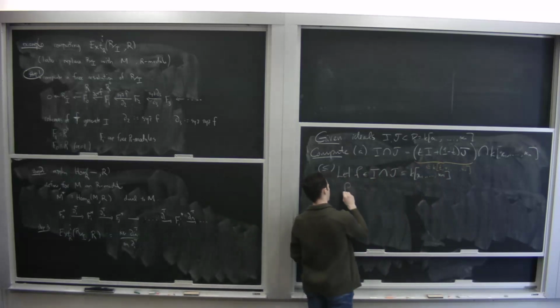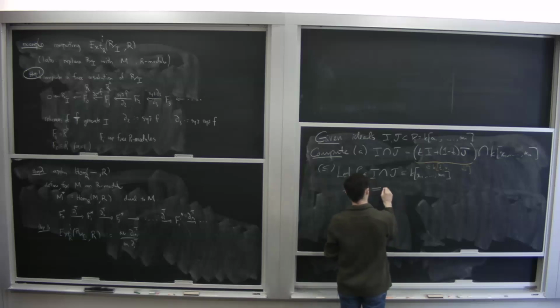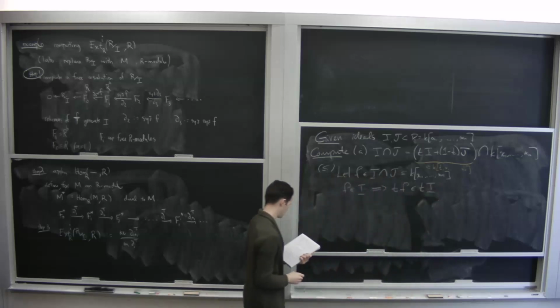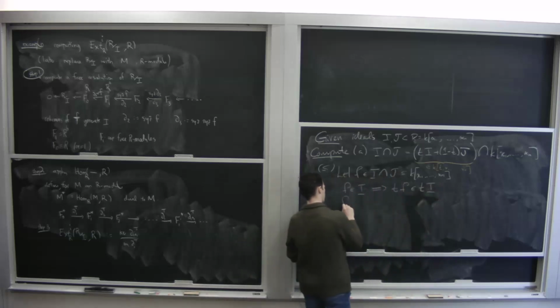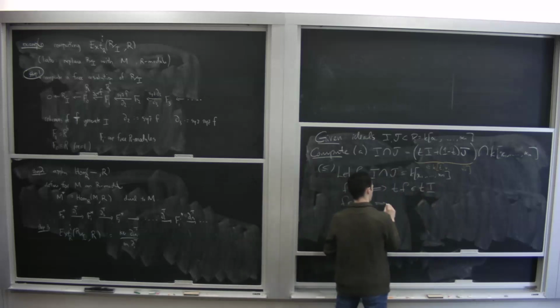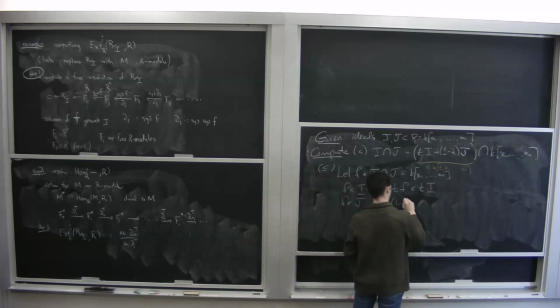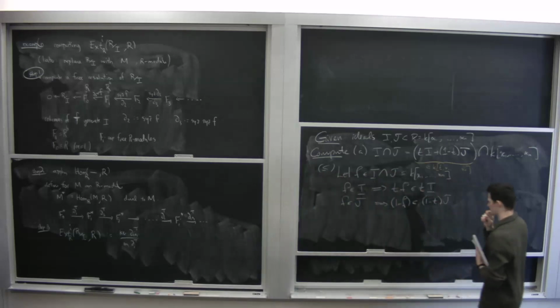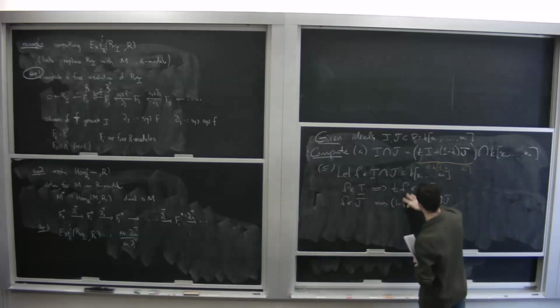Because f is in I, that tells us that t times f is in t times I. And f is in J, so 1 minus t times f is in 1 minus t times J.